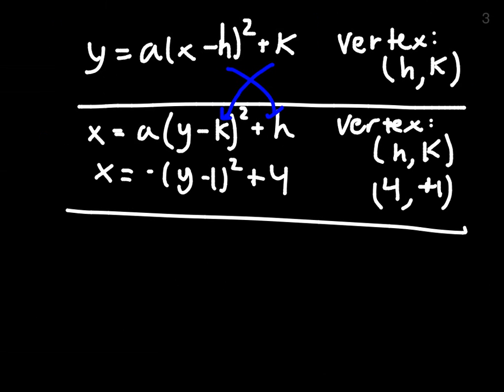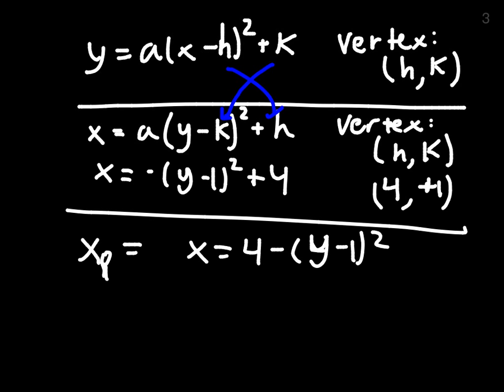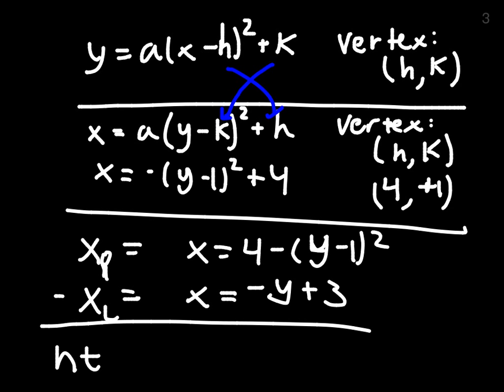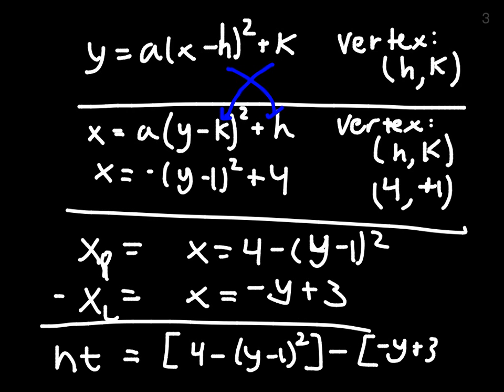For the parabola, we have x equals 4 minus the quantity y minus 1 squared. For the line, if we solve that for x, we get x equals negative y plus 3. It's the subtraction of these that gives us the height. And so we'll just represent it here as 4 minus the quantity y minus 1 squared, and take away the quantity negative y plus 3.